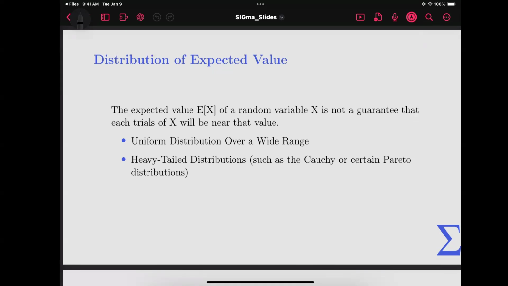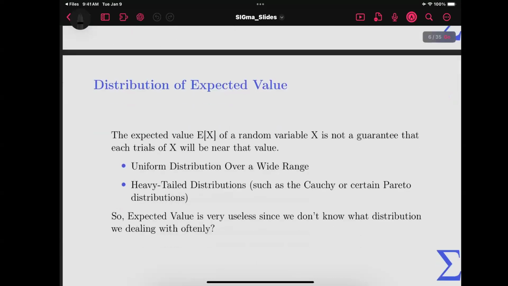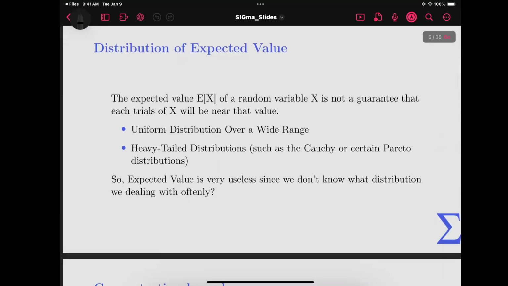And even worse is the heavy tail distribution, where the expected value is worth literally negative, because we cannot use it: the expected value just falls at a random point.